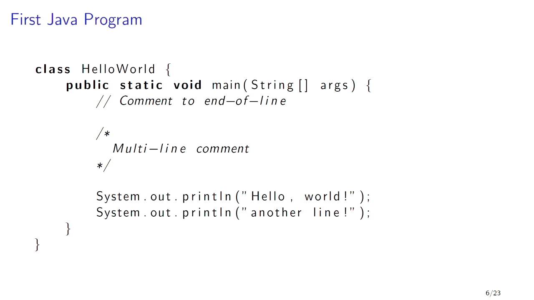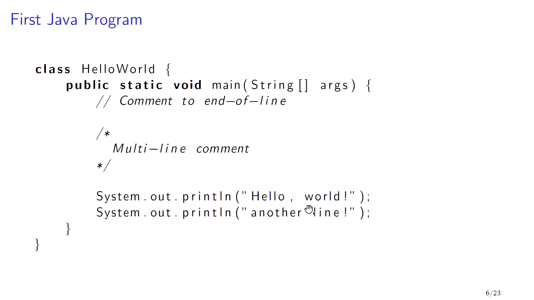So what does a Java program look like? We've got to do our classic hello world. The first program we write in almost any language we start to learn is hello world. Oh, there's a lot of stuff there.